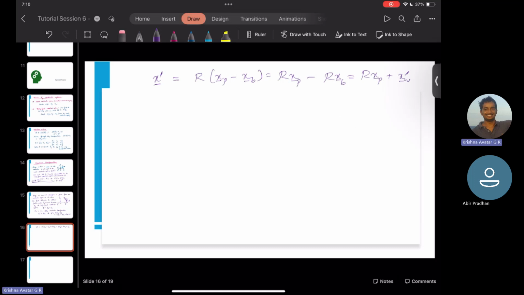Now here, say XP vector is equal to 0. Then this implies that X prime vector is equal to XW vector prime, and this will be equal to minus R XB vector.